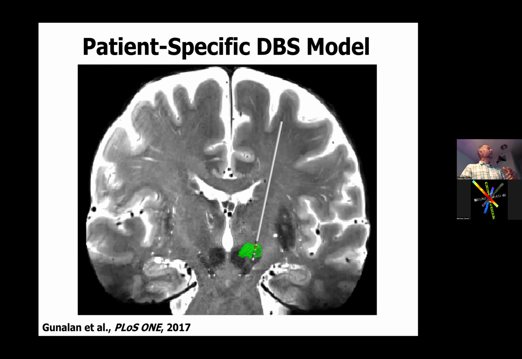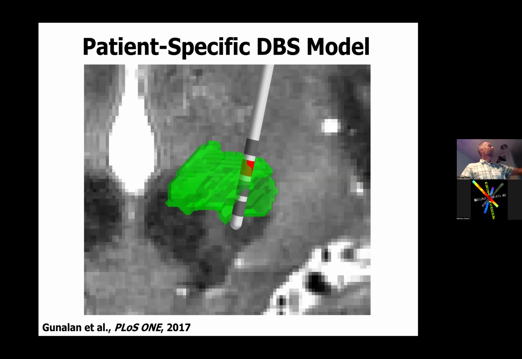So this is the idea that you've got highly detailed MRI-based models of individual patients. We zoom into this subthalamic nucleus region again. This is an example patient where the electrode is in a perfect place.